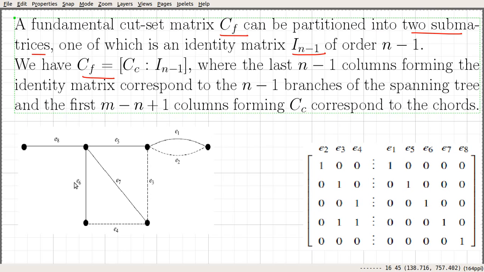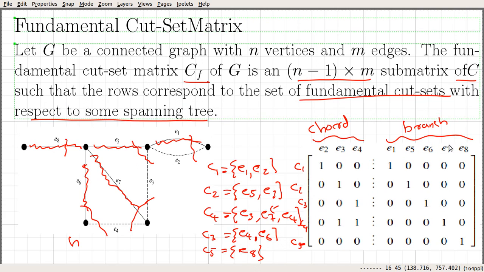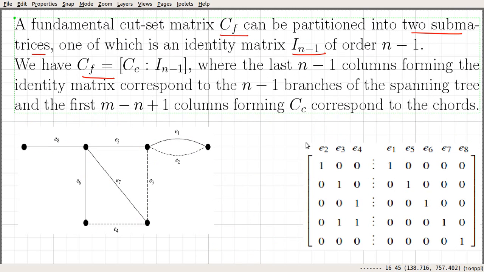For example, if you consider this same graph and this fundamental cut set matrix, this sub matrix C sub c corresponds to the chords. That's why we have this subscript C, and here this corresponds to the branch edges.